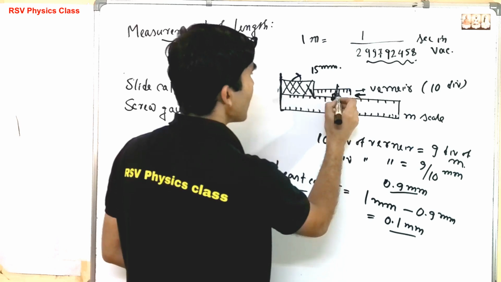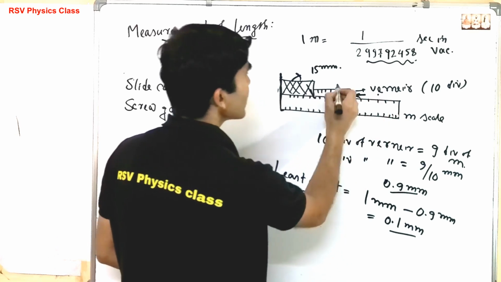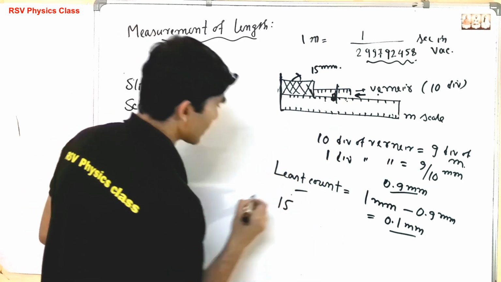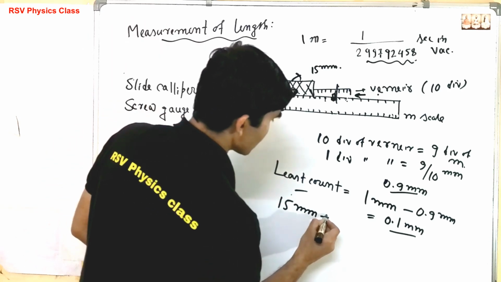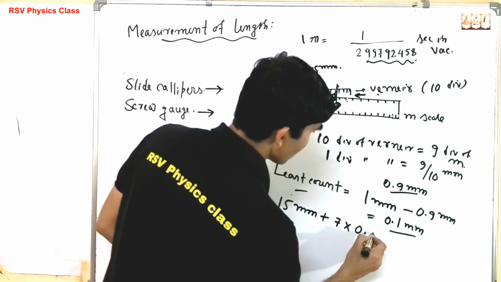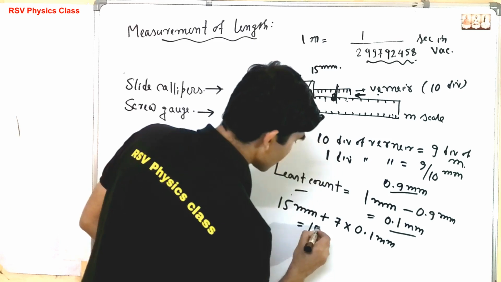This line of the vernier scale and your meter scale are matching in this position. So the total length of this object is 15 mm plus 7 into 0.1 mm, so the actual length of this object is 15.7 mm.